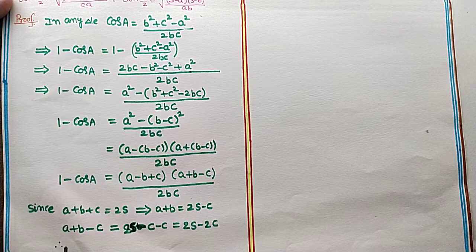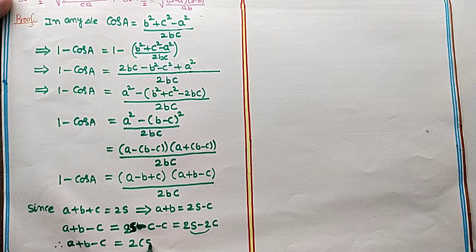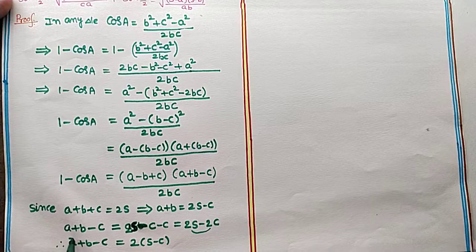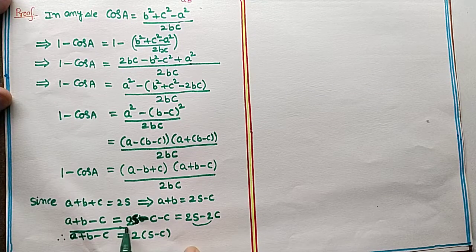Taking common, 2 times (s minus c). This is the value of a plus b minus c.